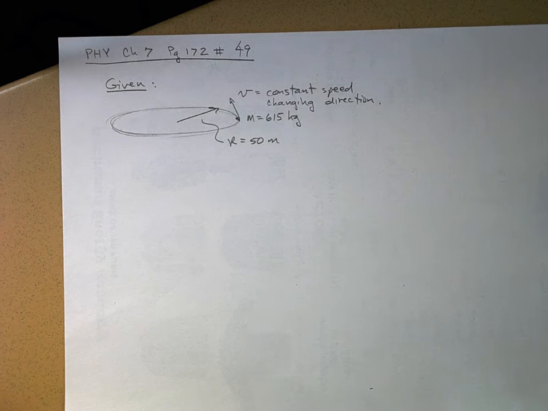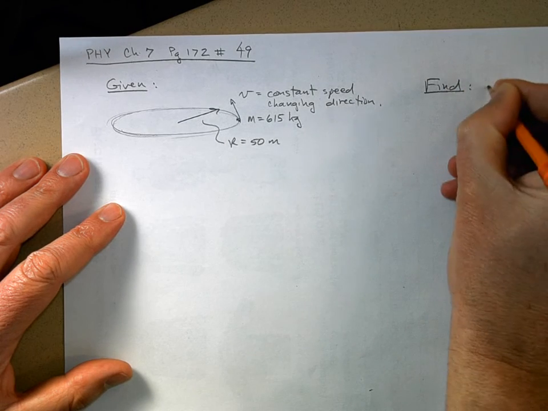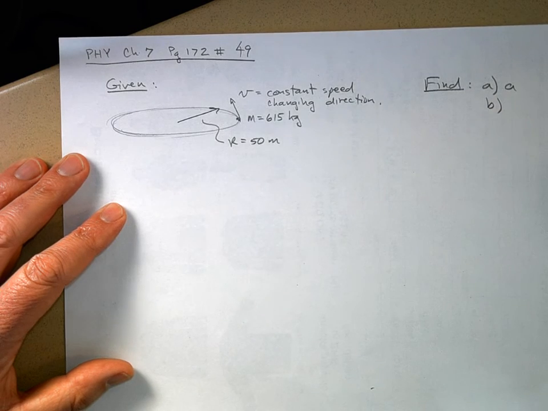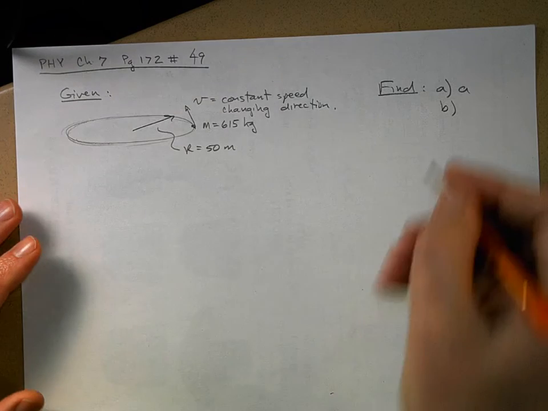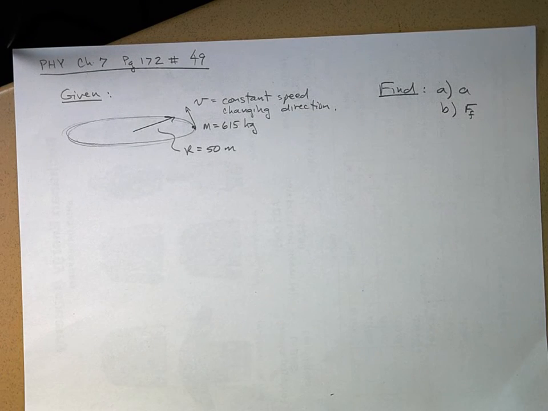A, what is the acceleration? And B, what force is applied to the car? What force must the track exert on the tires to produce this acceleration? Now that's really the force of friction. So what's the force of friction acting on the tires of this car?